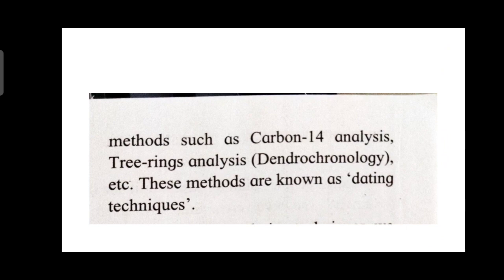But using methods such as carbon-14 analysis and tree rings analysis, that is dendrochronology, we can at least know how many years ago these incidents occurred. So these techniques are called dating techniques.